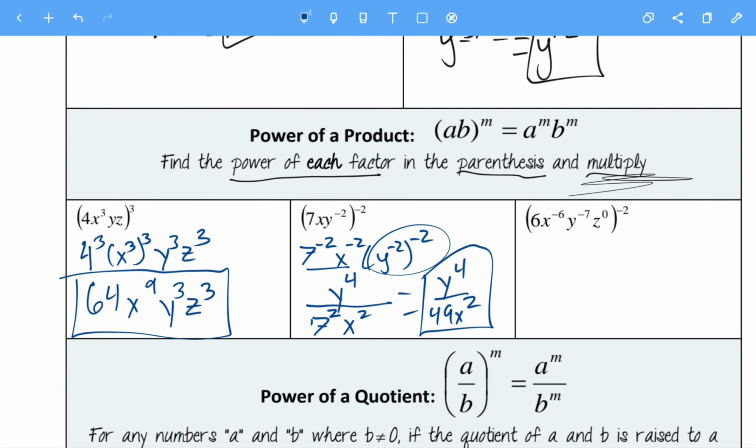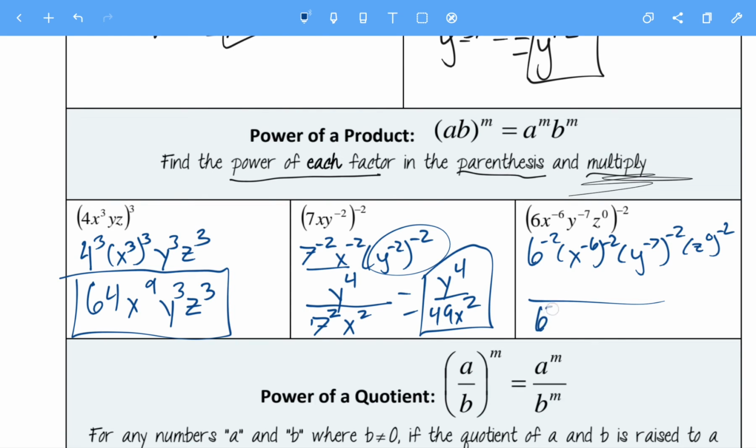Okay. And the last one for this one, we get 6x to the negative 6, y to the negative 7, z to the 0. So give that exponent to everything. 6 to the negative 2, I know that goes below the fraction.